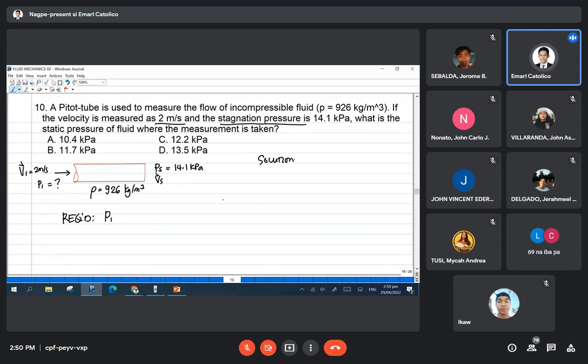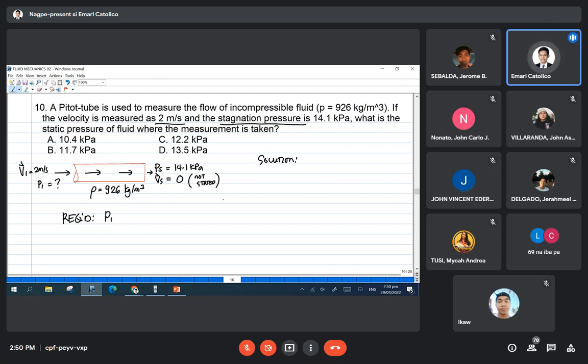Okay, solution. So, Bernoulli's equation lang din to kasi flow lang din naman ito. Ayan. So, since hindi sinabi yung stagnation velocity, considered natin siya as 0. Not stated.